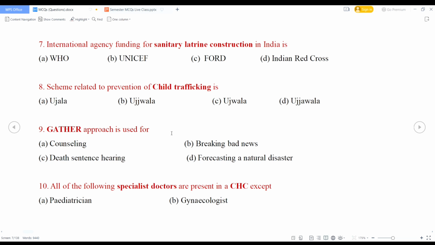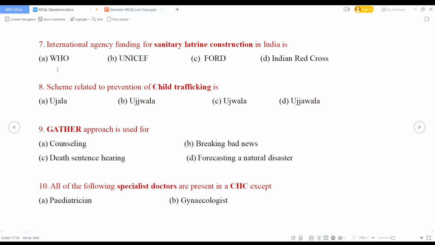Come to question number 9. Gather approach is used for counseling, breaking bad news, death sentence hearing, forecasting a natural disaster. So gather approach is used for counseling.